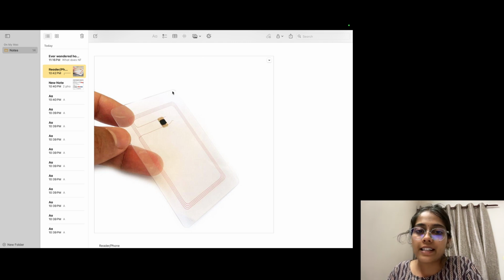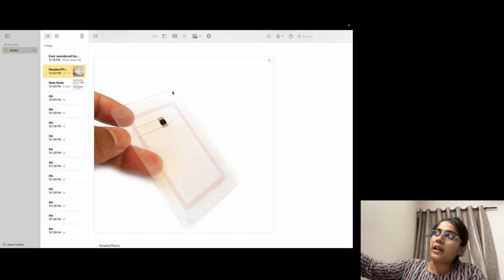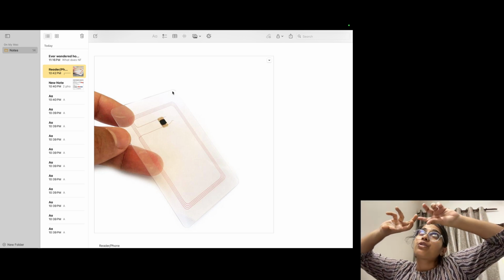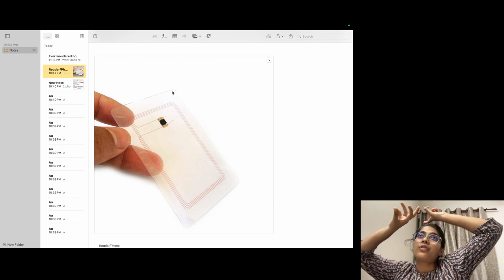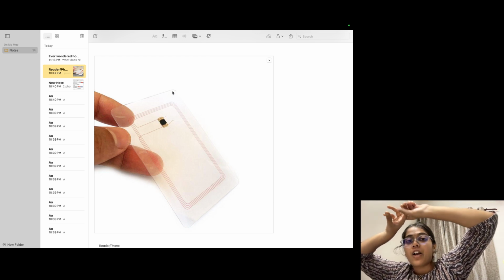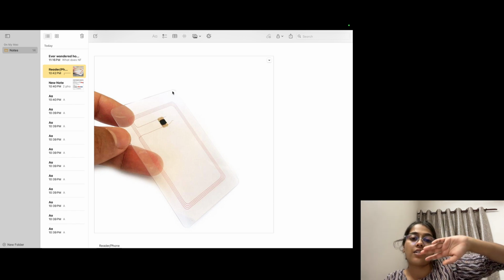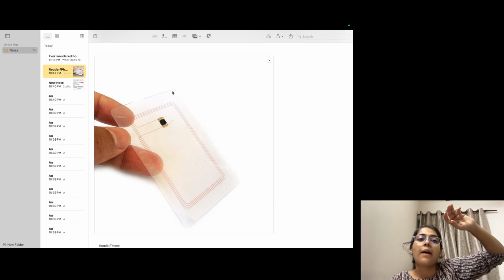What happens is the reader is always connected to electricity. If you look above it, you might have seen it is connected to electric wires. As soon as the electricity goes off, it doesn't work.